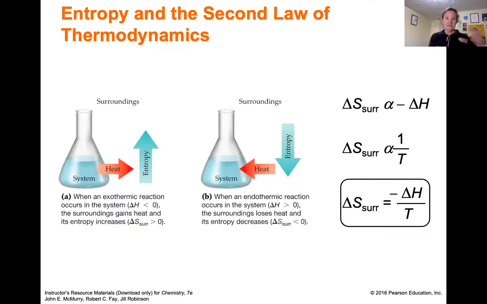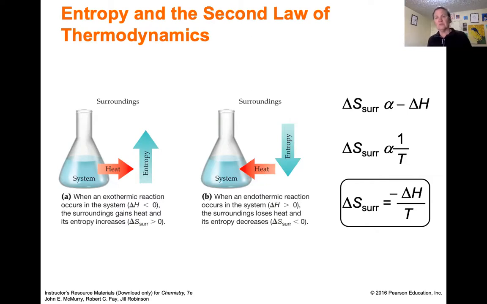So if you have this little Erlenmeyer flask here and you carry out a reaction, if any heat leaks out, it's going to excite the gas molecules that surround it in the air, and their entropy is going to go up. If you have the opposite situation where your system needs to pull energy in from the surroundings, then you're going to be cooling off the air, and the entropy of the air around the flask will go down.